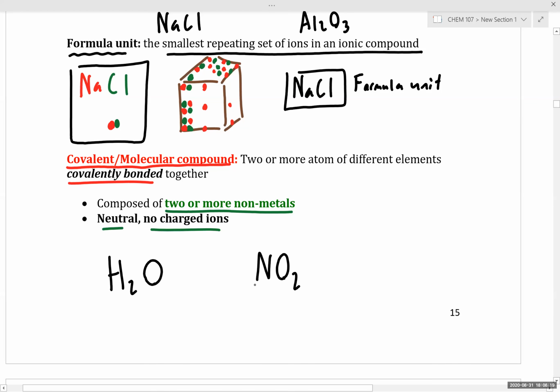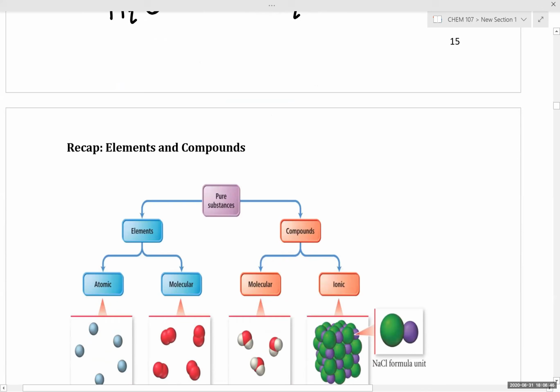And each of our component atoms is neutral. We have no charged ions. Any questions on covalent and molecular compounds? If not, let's keep going now.